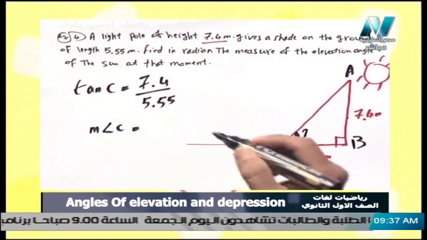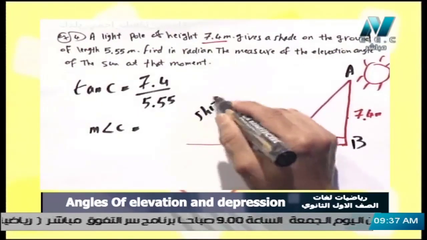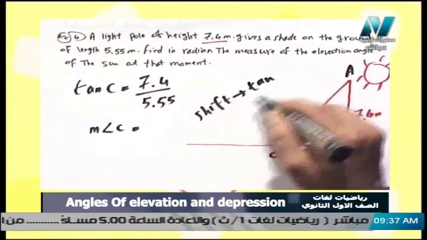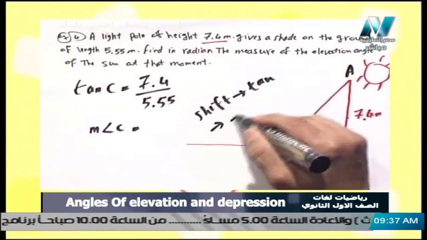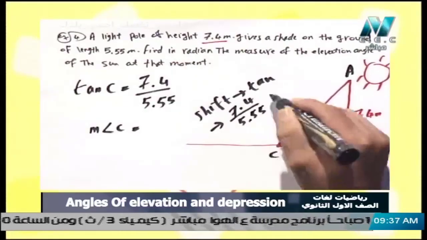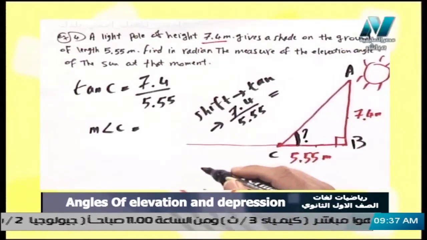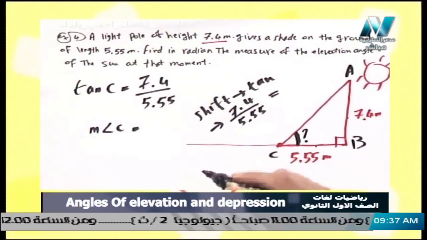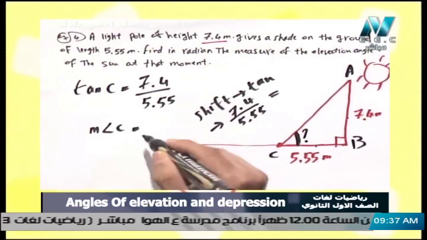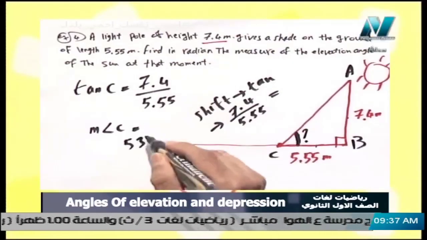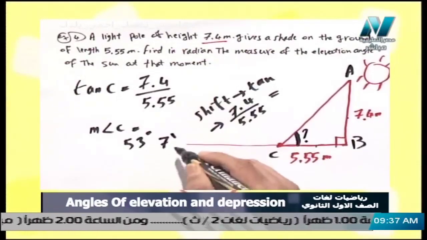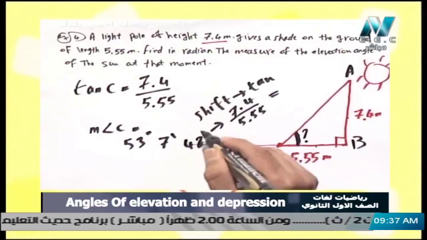You press shift, then tan, then you write 7.4 over 5.55, then you press equal, then you will find that the angle will be 53 degrees, 7 minutes and 48 seconds.